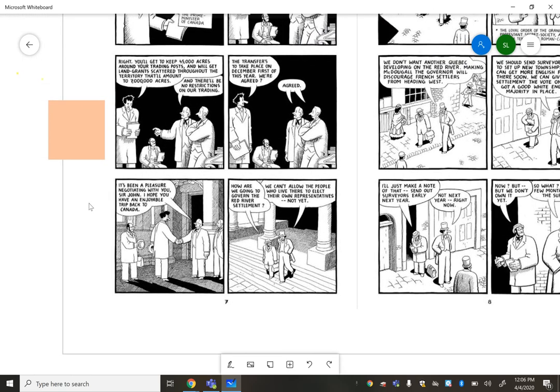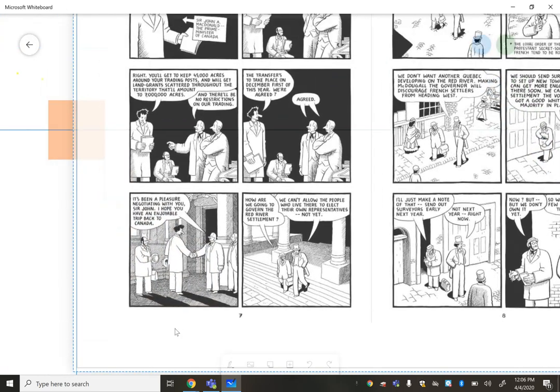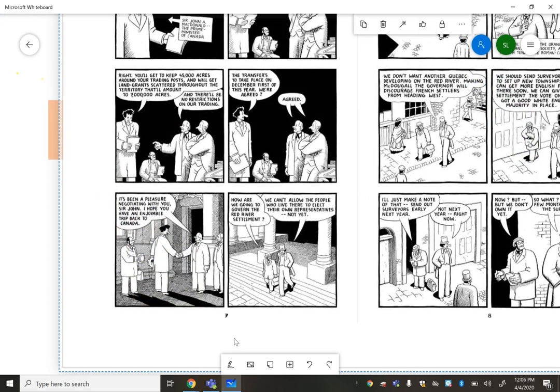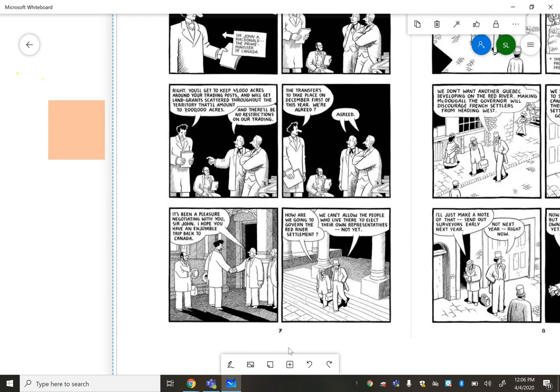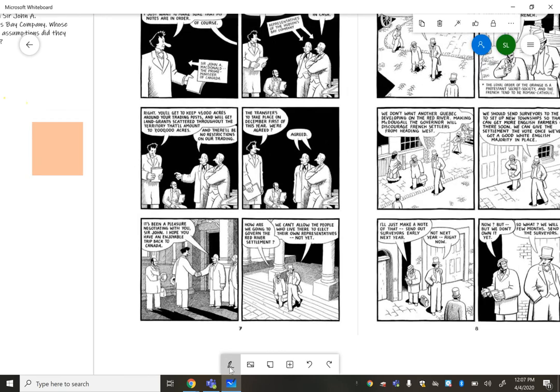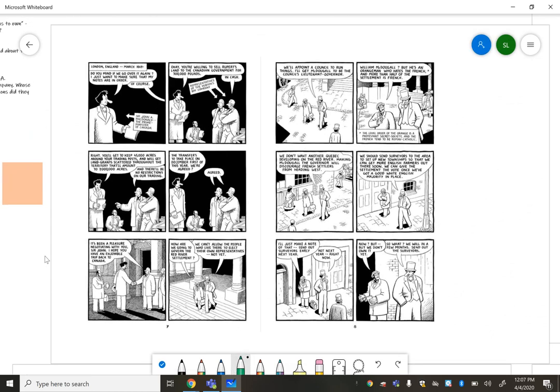All right, next one. Macdonald says, right, you get to keep 45,000 acres around your trading posts and will get land grant guarantees scattered throughout the territory that'll amount to 7 million acres. Oh, that's a lot. And Hudson's Bay Company says this, that's very important, grade 7.